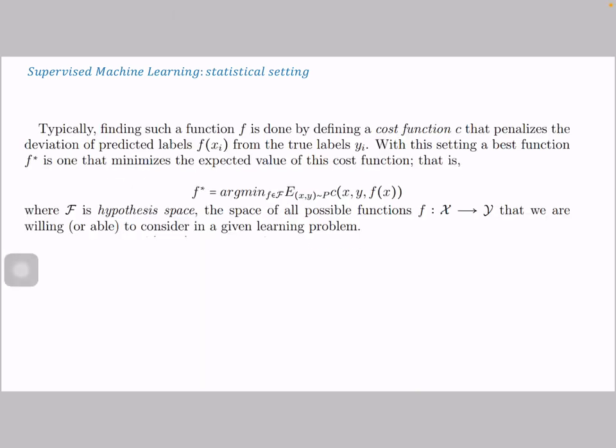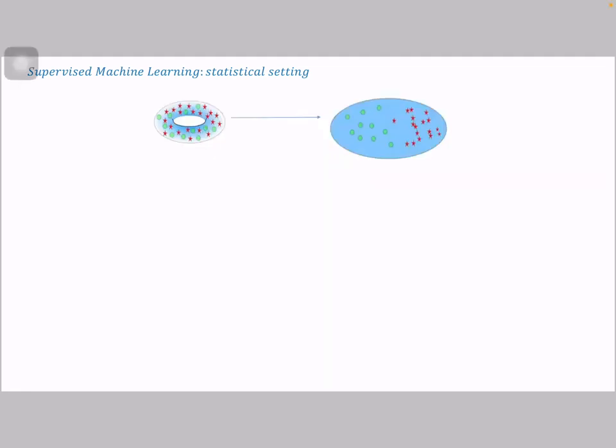The way we usually find f is by defining some sort of cost function, c, that penalizes the deviation of the predicted labels f(xi) from the true label yi. So let's try to find a picture of what we are trying to do in a supervised machine learning problem. I'm going to represent my space X by this manifold here, represented by the torus.